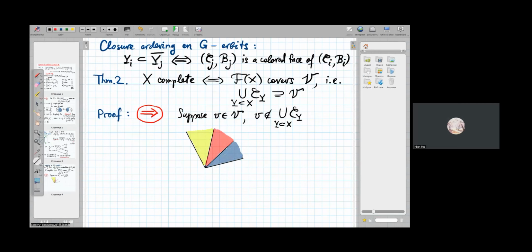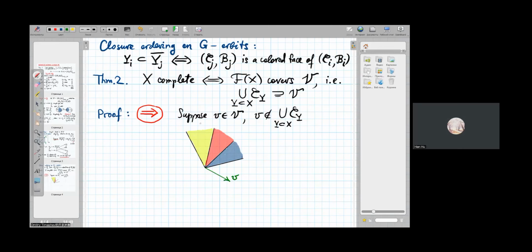And suppose I have a vector in the evaluation cone. Let me mark it in green. This vector V, which does not belong to the union of all these cones, like this.